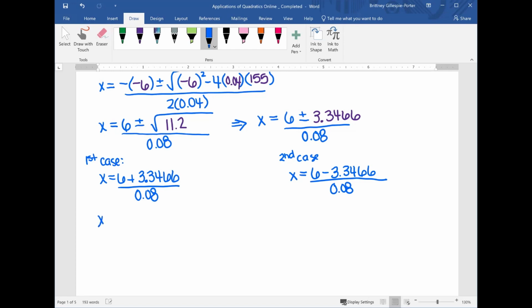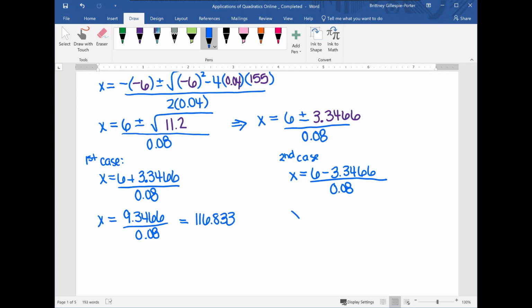In our first case, we wind up getting 9.3466 all over 0.08. And that would get us to 116.833.